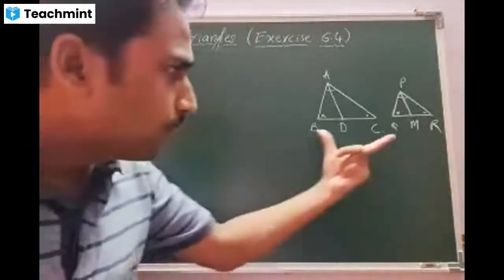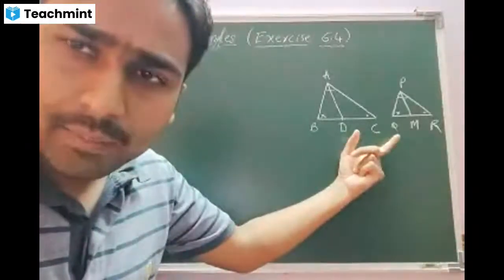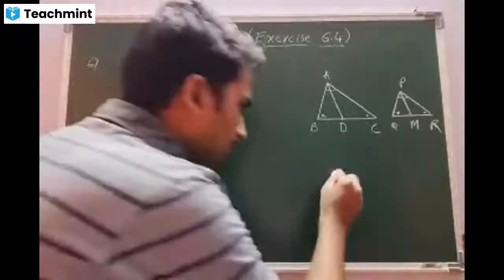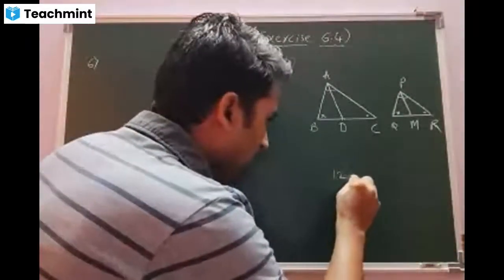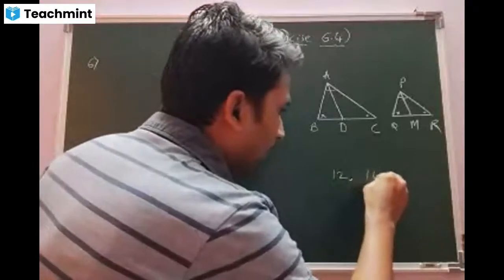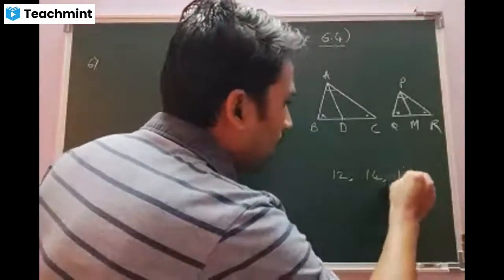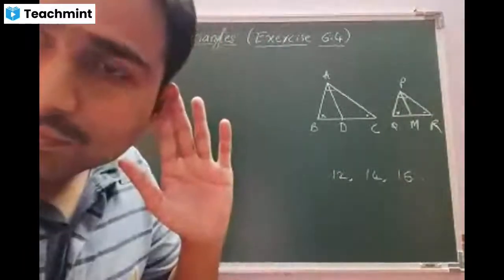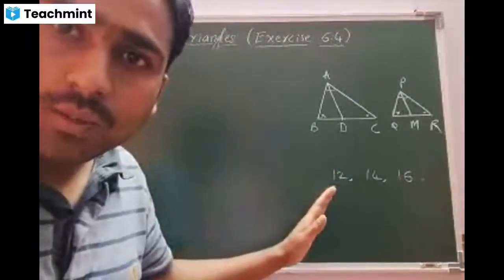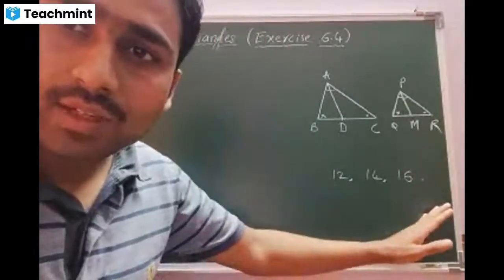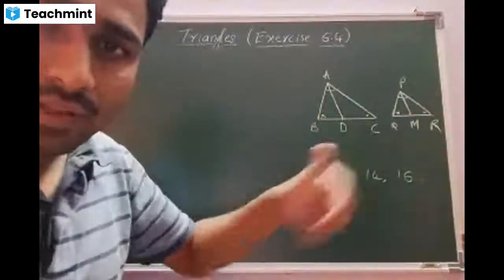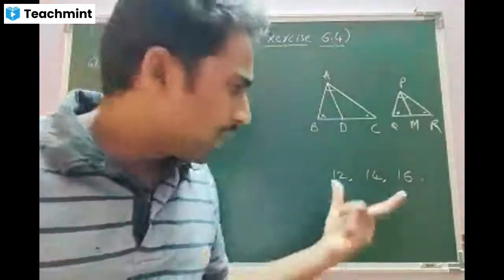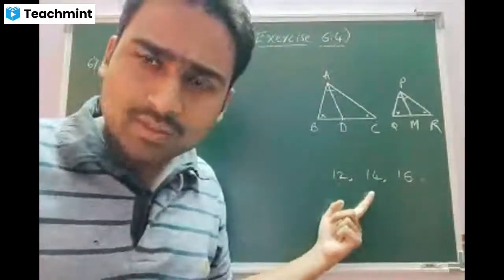Now, if you observe this diagram, beta, what can you recall? Question numbers 12, 14, and 16 of the earlier exercise. Is that the correct question number? Check once again.